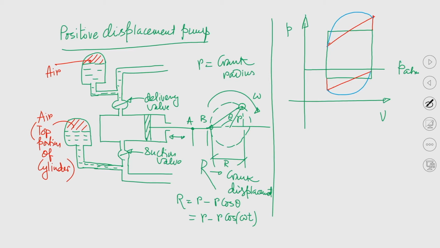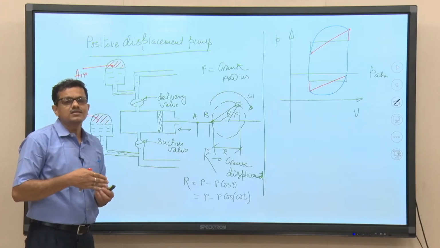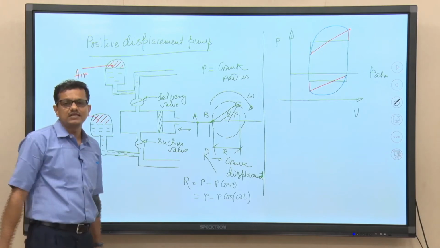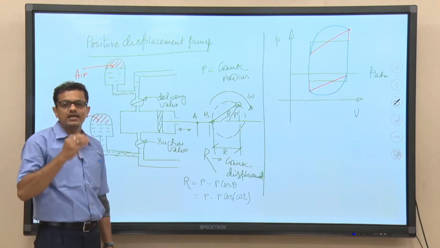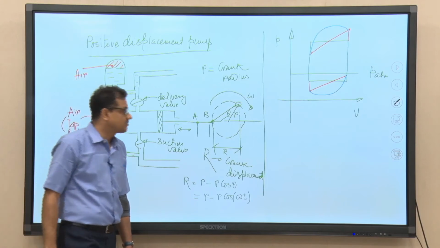So, what is the meaning? That means liquid will have acceleration both in the suction pipeline as well as the part or the mass of the liquid that is there inside the cylinder also will experience the acceleration effect.